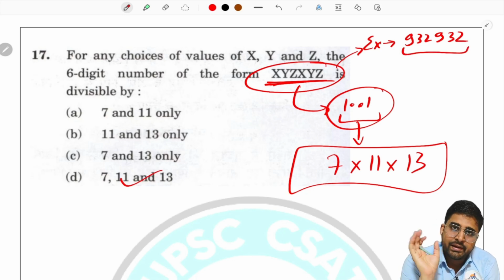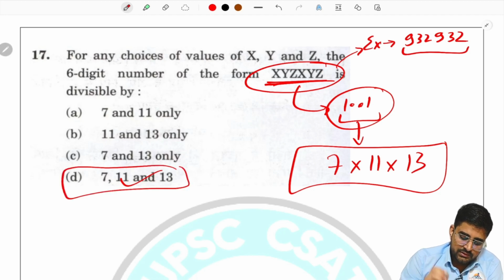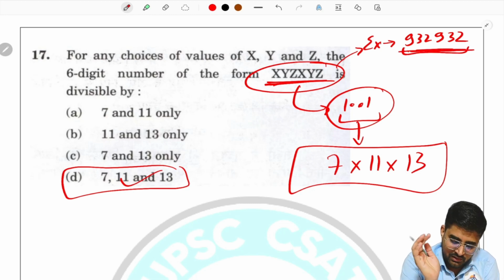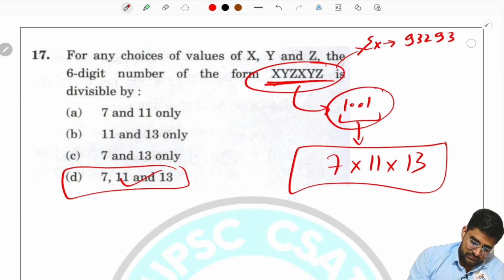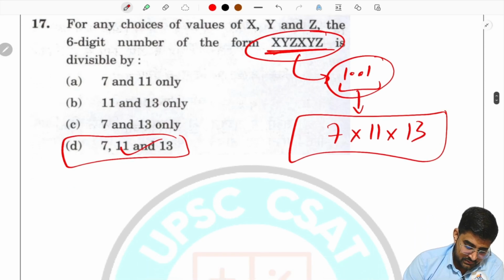The number is repeating. Again, this option is given in your examination. Then this number is going to divide by this only. How? Let me show you. Let's break this number.